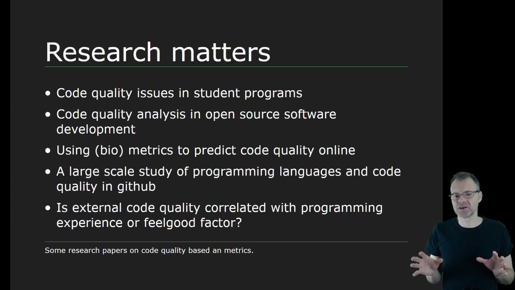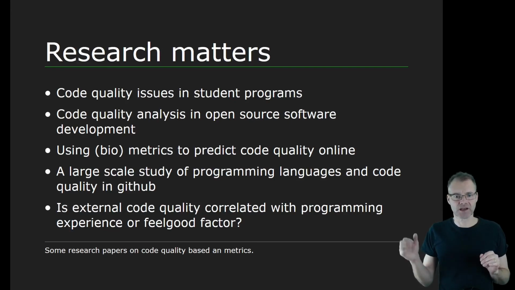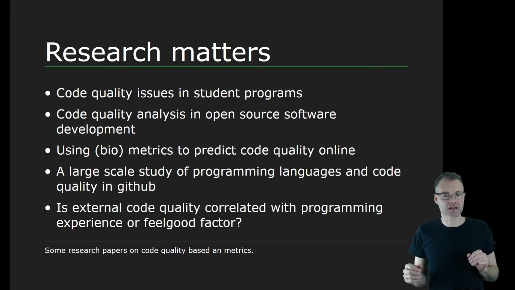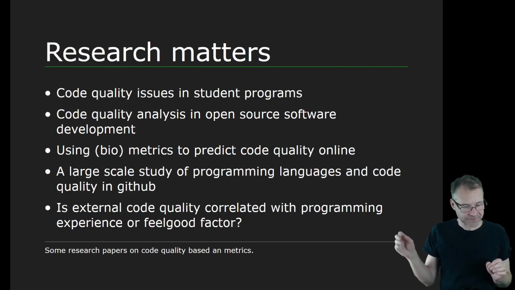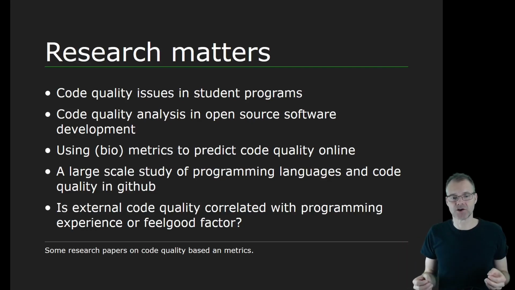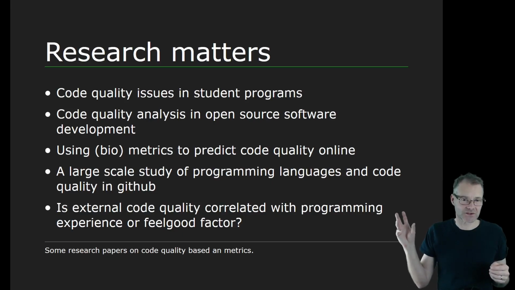Got code quality of open source software development, using metrics to predict code quality online. Okay, a large scale study of programming languages and their code quality, using GitHub as a study object. And the last one here is about external code quality. How does that correlate with programming experience, or is it just a feel-good factor?